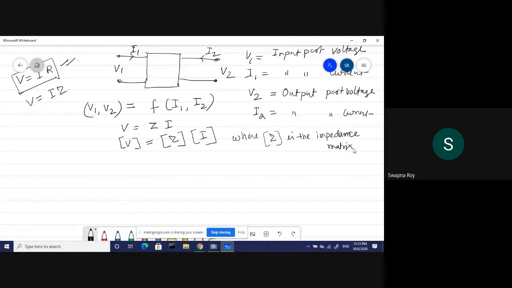So I can write V1, V2 is equal to Z11, Z12, Z21, Z22, times I1, I2.